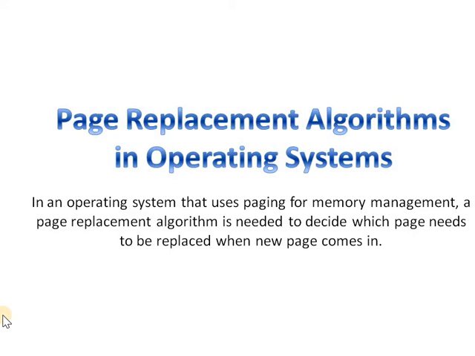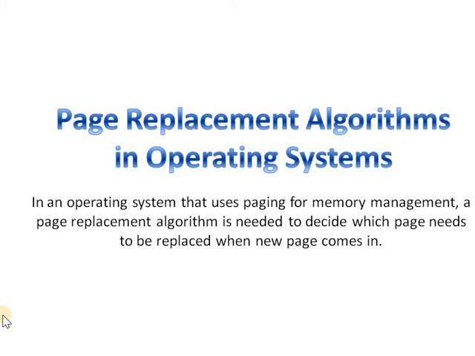The main objective of paging is to divide each process into pages of fixed size. These pages are stored in the main memory in the form of frames, and the pages of a process are only brought from the secondary memory to main memory when they are needed.